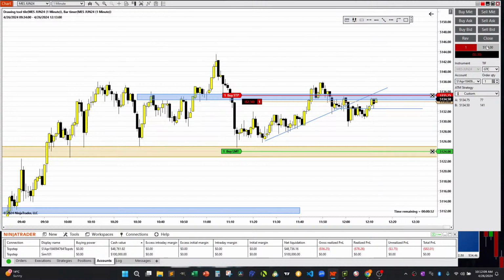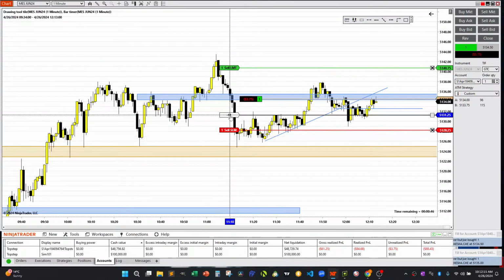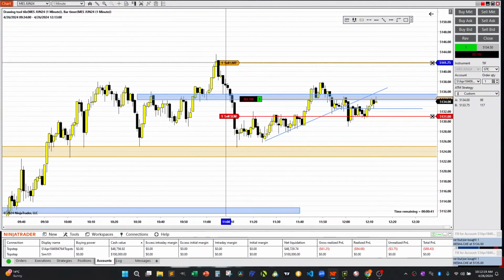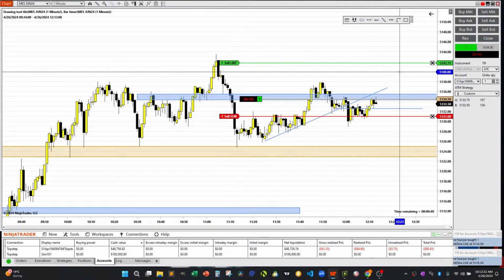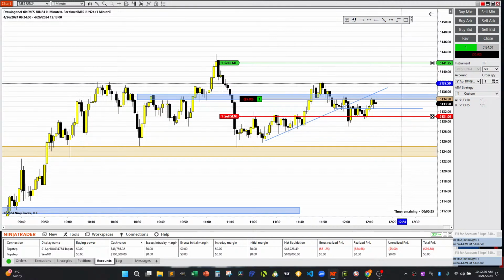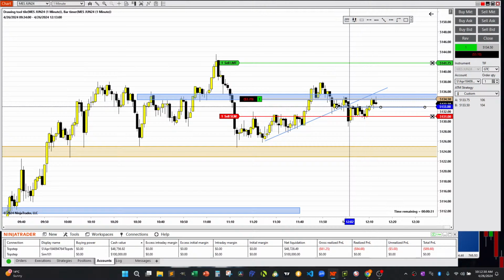I'm thinking this is about to go long. Order filled. And I'm going to cover just a short amount here, go back to the high. Because now we have this turned back to support again in this little area.